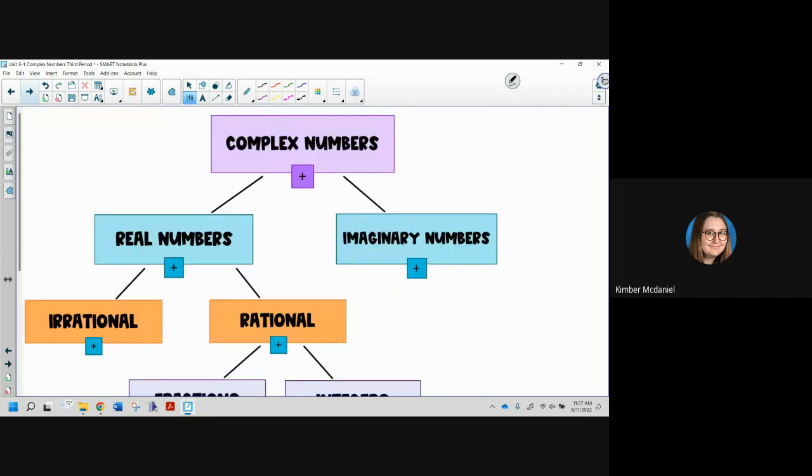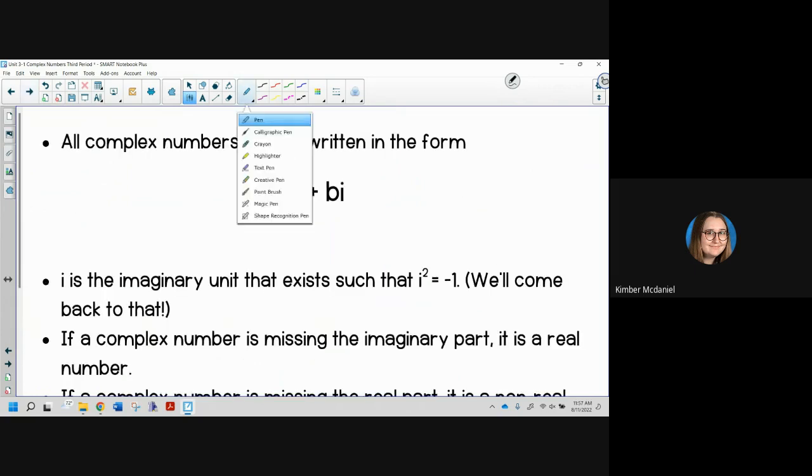But today, we are going to introduce a new category of complex numbers called imaginary numbers. Okay, so we're going to have real numbers and imaginary numbers. Off this slide, I'm going to highlight what I want you to write down. Okay. So all complex numbers, which again, all numbers are complex numbers, but all complex numbers can be written in the form A plus BI.